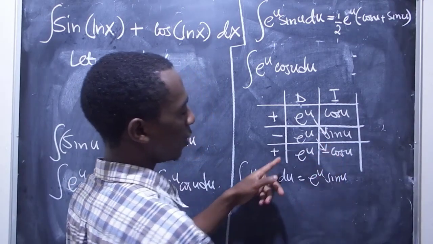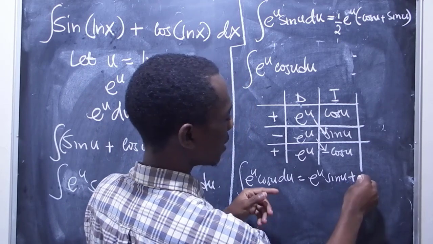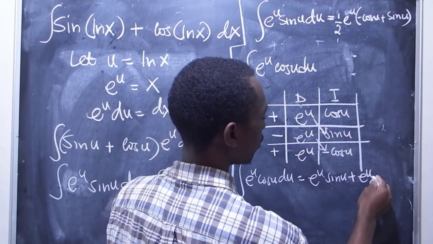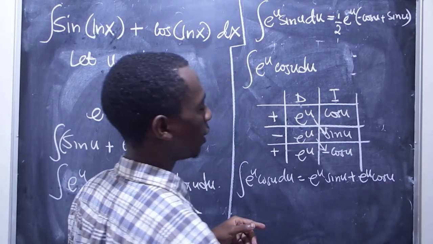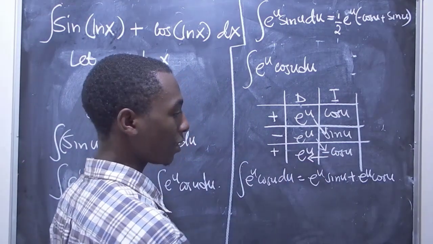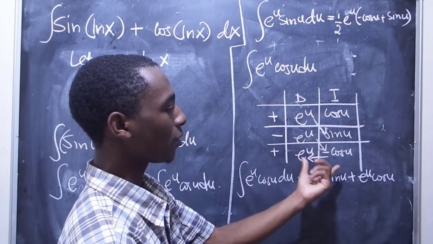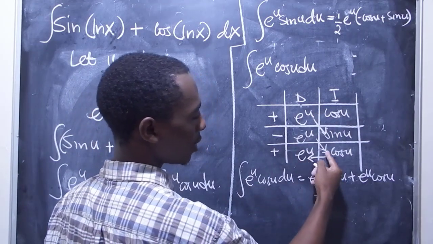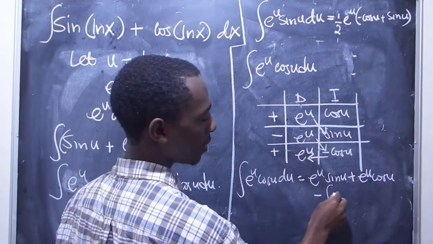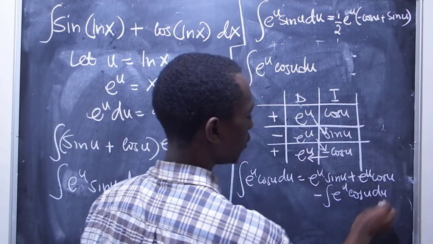The minus and the minus, that's a plus. So plus e to the u cos u, and then multiply this with this, that's the integral itself, minus. Remember we stop when this integral reappears, so this is minus and positive, that's a minus integral of e to the u cos u du.